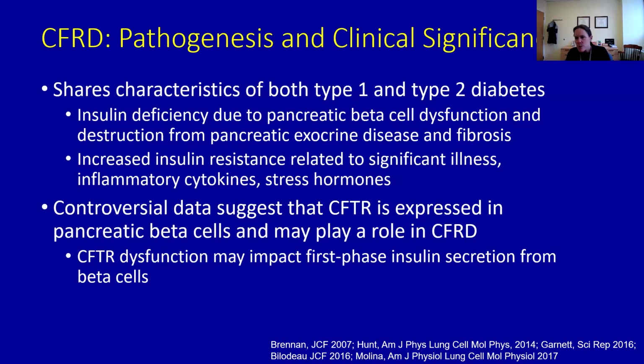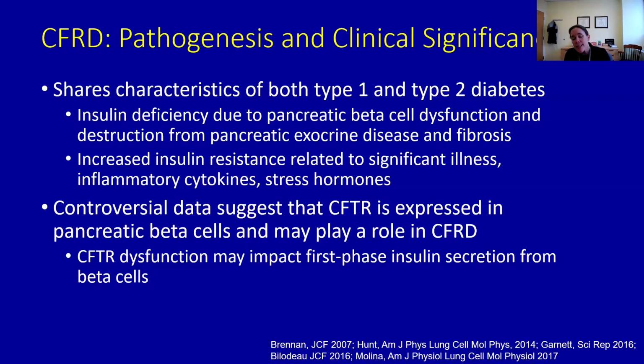In the beginning, patients will often have very mild insulin deficiency where they're just seeing prandial hyperglycemia. So the blood sugars just go high after eating, but fasting is fine. Over time this will progress to a more substantial insulin deficiency that looks a lot more like type 1 diabetes and requires basal insulin.